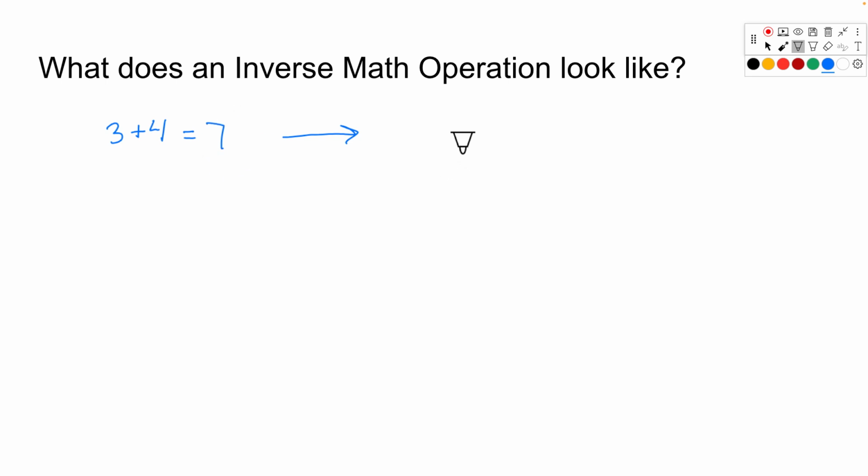Well, it starts with what was the answer, 7, and we subtract one of the others from it, and that gave us the other piece. So if we see these things as 3 connected things, 3 plus 4 equals 7, then when we got to subtraction, it was 7 minus 4 equals 3.